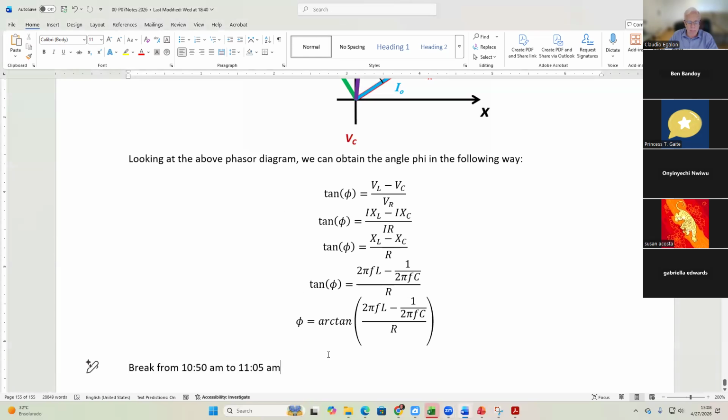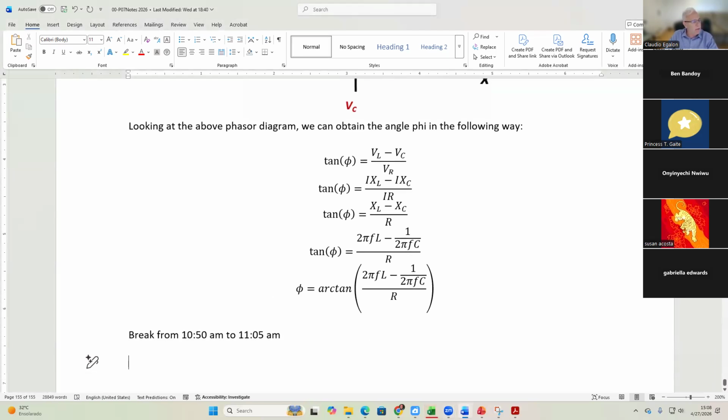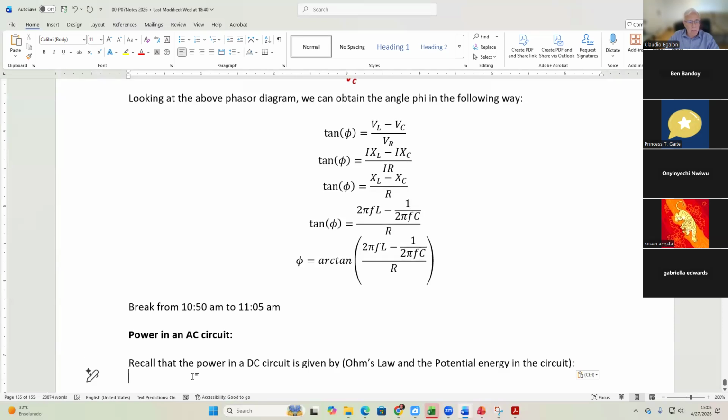So that's how we calculate the voltage through an AC circuit that has a resistor, an inductor, and a capacitor as its elements. And now we're going to talk about power in an AC circuit. We're going to follow the same steps that we did for a DC circuit. And the power is given by P equal to VI.